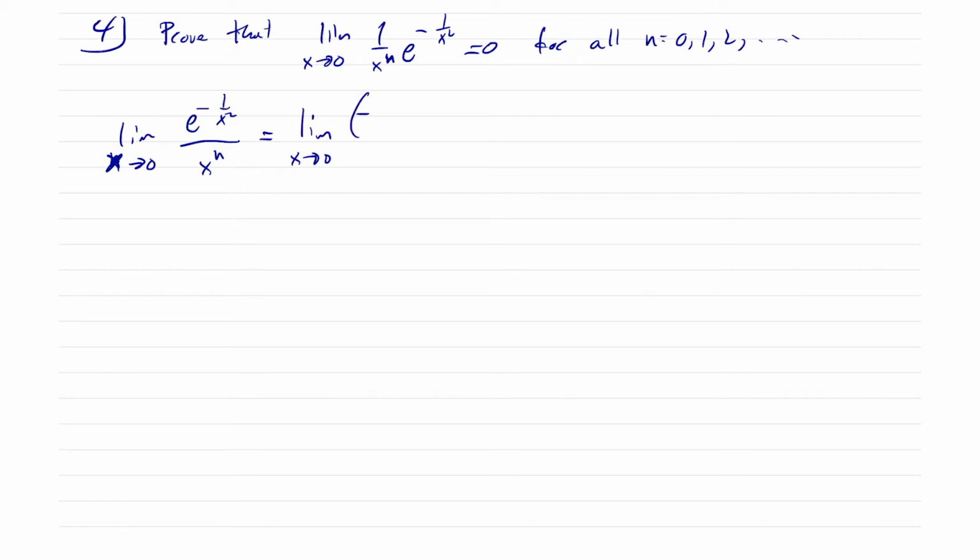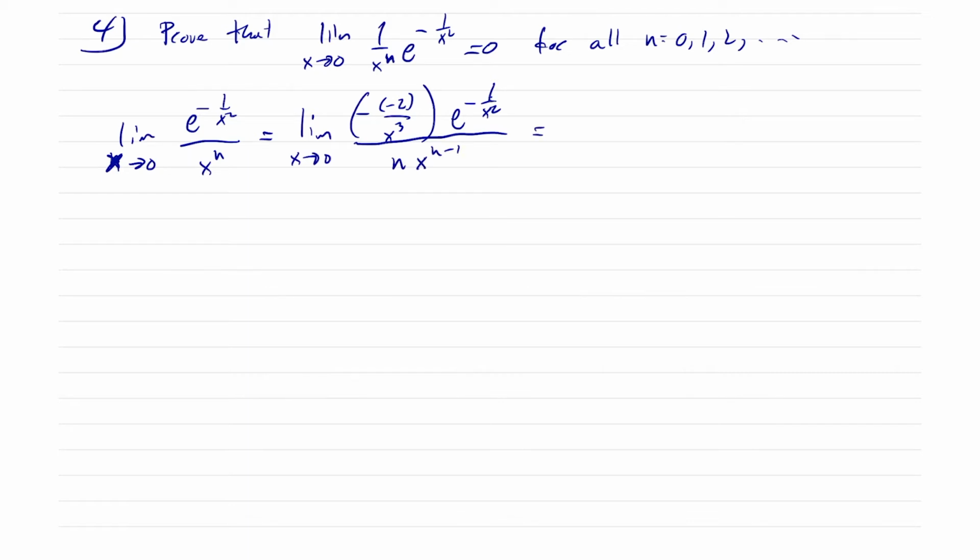The derivative of minus 1 over x squared is going to be negative 2 over x cubed, I think, and this is going to be e to the minus 1 over x squared divided by n times x to the n minus 1.